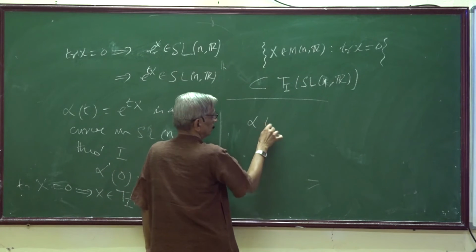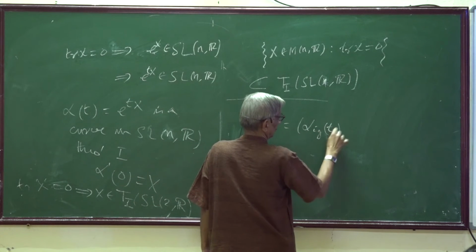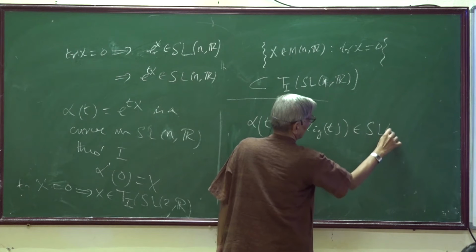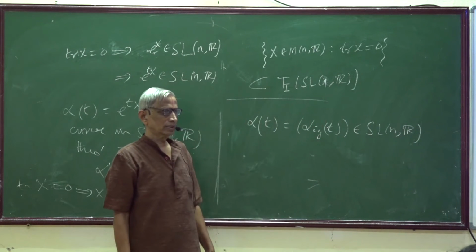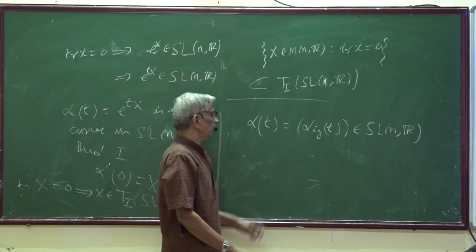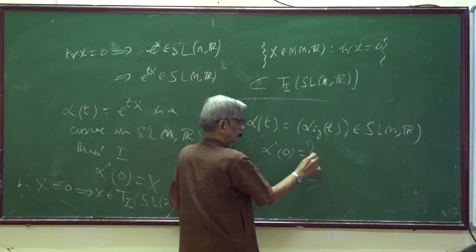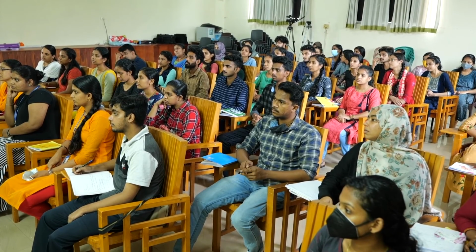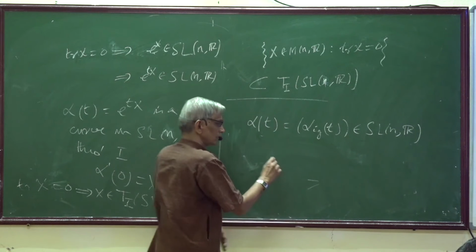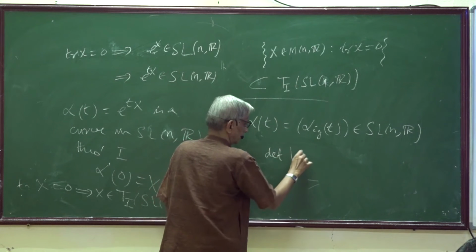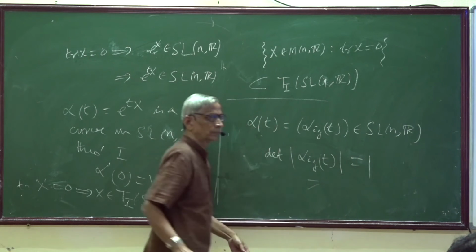Suppose you have a curve alpha ij of t. This is in SLNR, right? What can you say about alpha prime 0? How do you calculate? So now again, this is in SLNR, which means that the determinant of alpha ij of t is equal to 1.